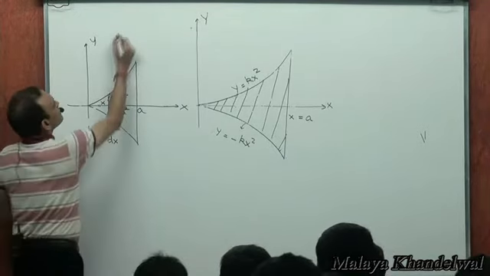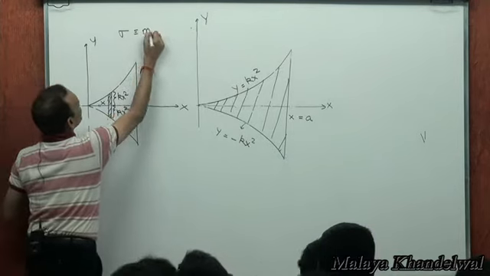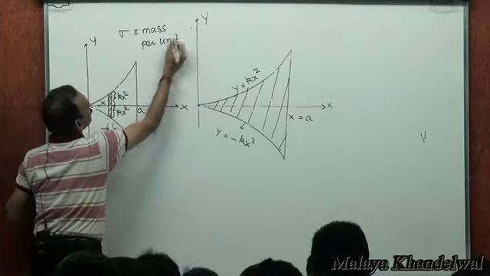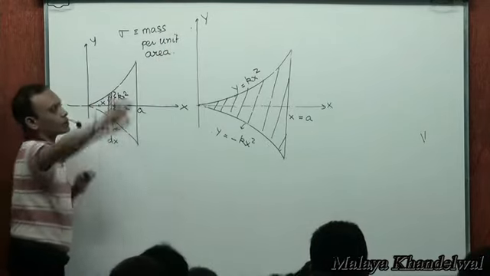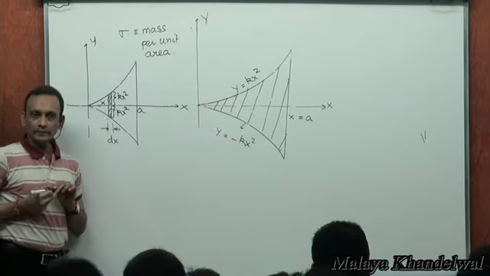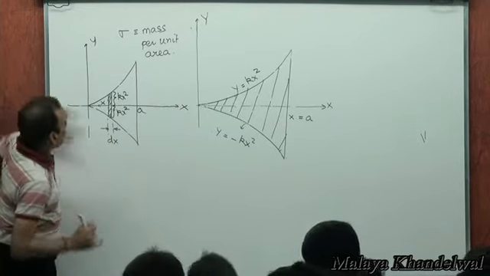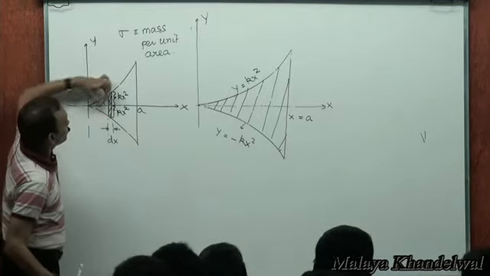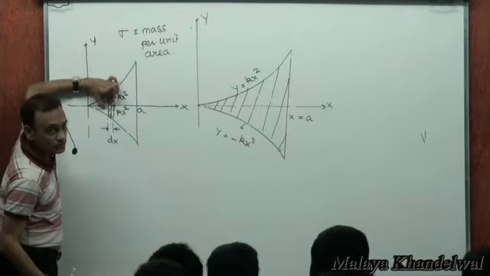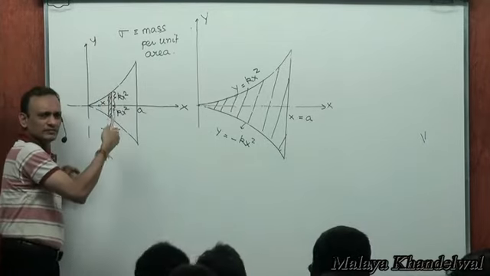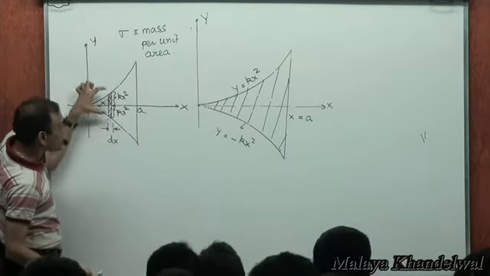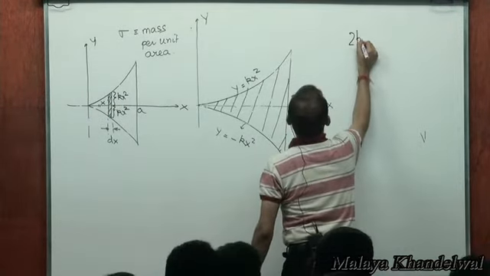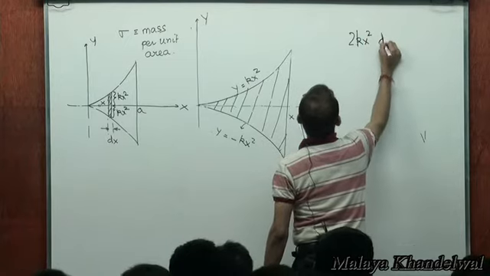Now, let's say sigma is the mass per unit area on the lamina. Now, what is this total length? 2kx squared. What's the thickness? dx. So this is roughly rectangular, right? So the area of this shaded strip is 2kx squared into dx.